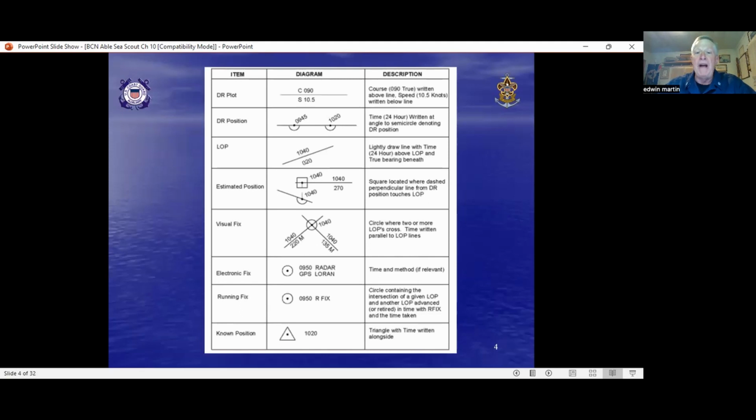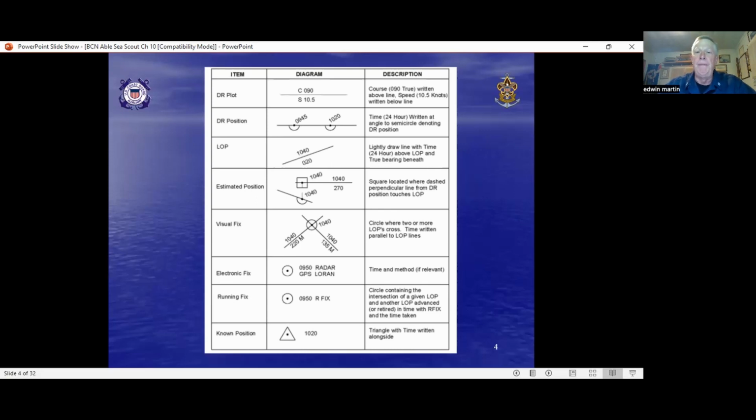The DR plot is a straight course line with your course, usually true. It's preferred true because all ships, all boats are different. You have magnetic, you have variation, deviation to come up with a compass course.